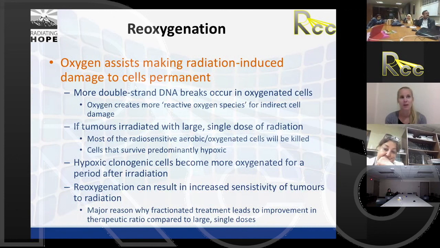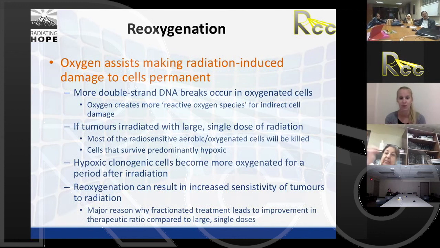Particularly because cancer cells are rapidly dividing, highly metabolic cells, they're the ones that have these fast cell phases. They're the ones that are taking up a lot of the oxygen in the body. So we can really target our cancer cells nicely and use this effect to our advantage. And the oxygenation is actually one of the major reasons why fractionated treatment leads to an improvement in the therapeutic ratio.